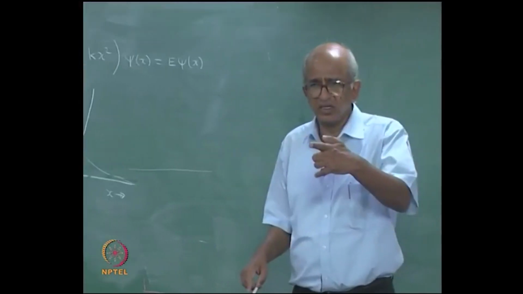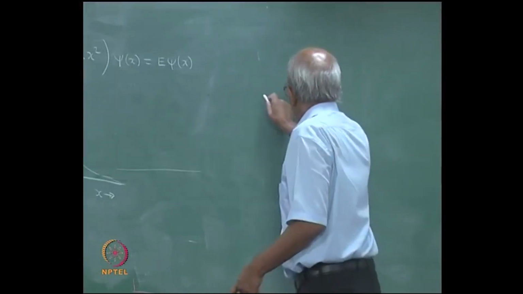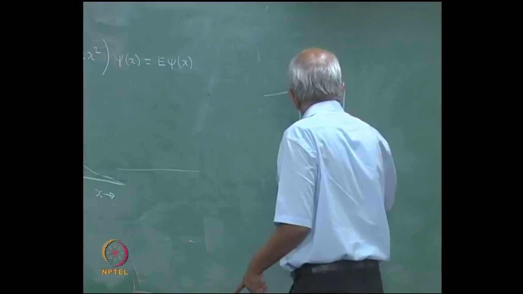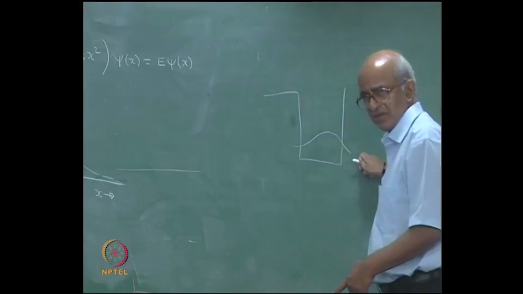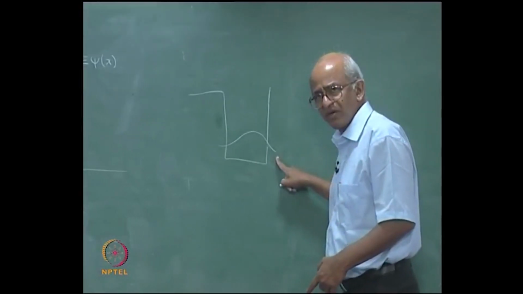and therefore, I would not expect this particle to penetrate far into this region. We have seen in the morning that if you had a potential which was like that, the particle actually does penetrate a little bit into the barrier region, but that was rather small.